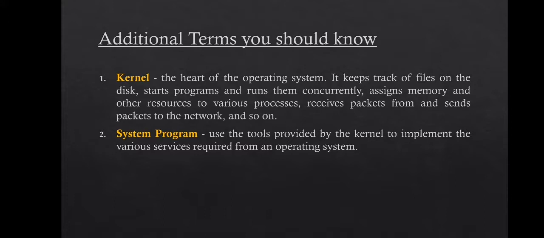Based on the definition, you can see that the kernel is a very important part of an operating system, for it performs most of the tasks needed for an operating system.